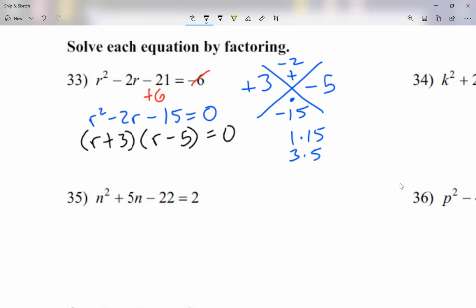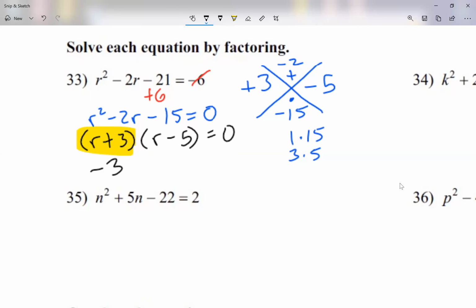So I look at the first parentheses, r plus 3. And then I ask myself, what value of r can I use to make the first parentheses equal to 0? What value of r makes that 0? Well, negative 3, because negative 3 plus 3 is 0.